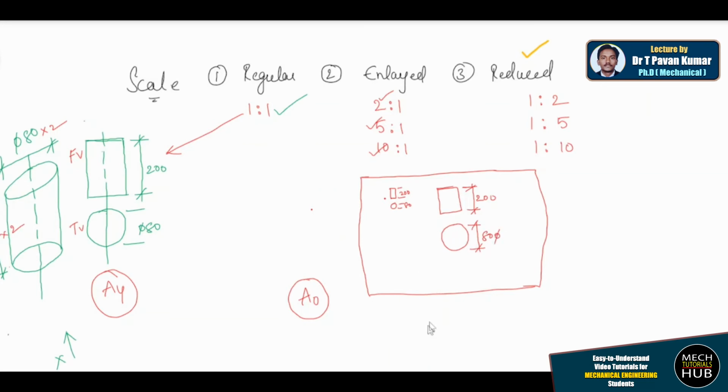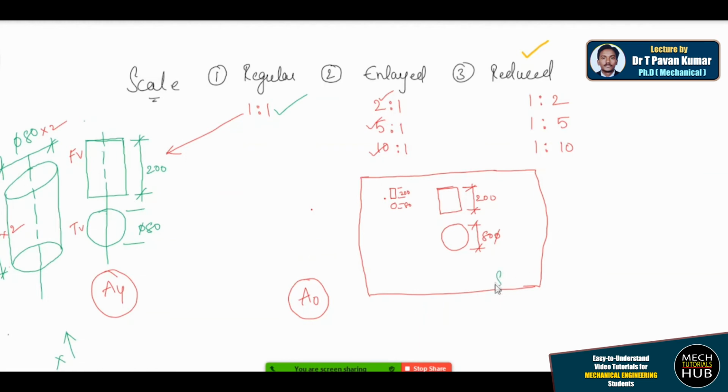This is very important. Any questions? We are trying to enlarge the size of the feature which is very small. After enlarging, you are supposed to show the actual dimensions given to you in the question, and to communicate that I have increased the size, you should write down the scale.